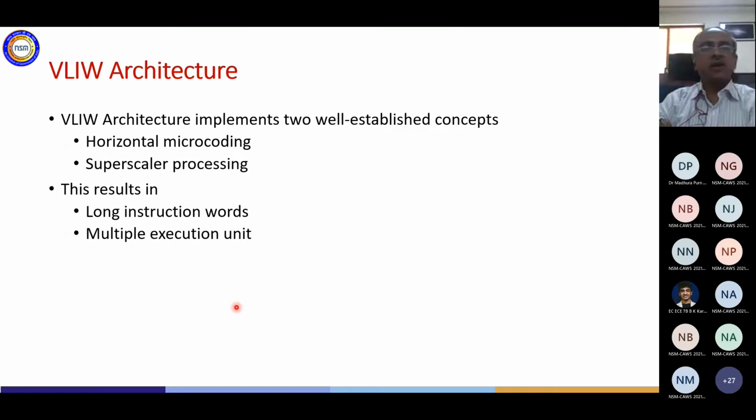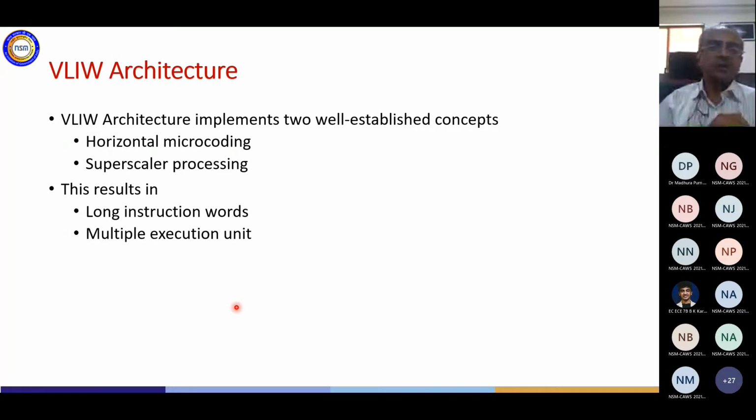In the earlier CISC processors, every instruction used to result in an internal microcode, which was sequential in nature. Here they are trying to make it horizontal, in the sense that multiple instructions can be executed in parallel and the scheduling is decided by the compiler. That is the first part.